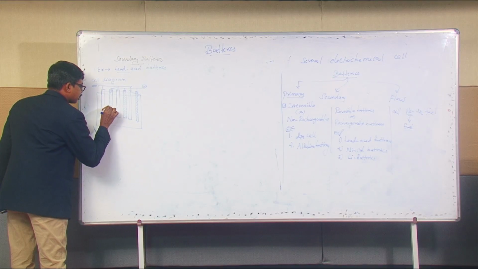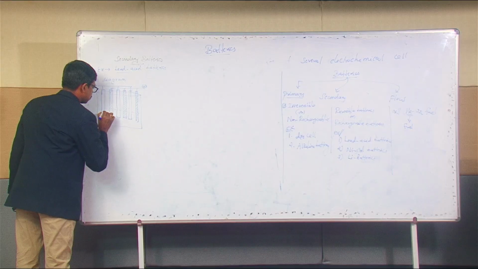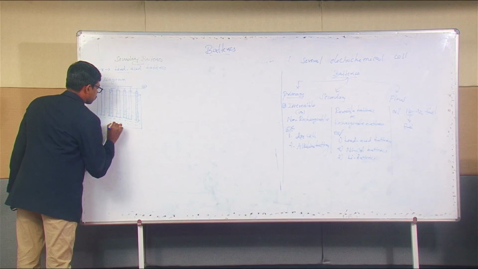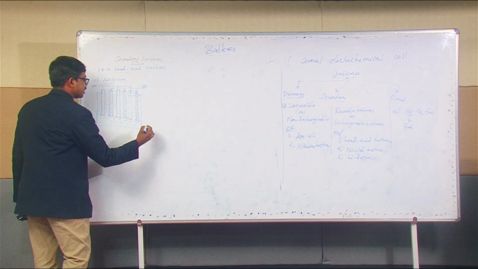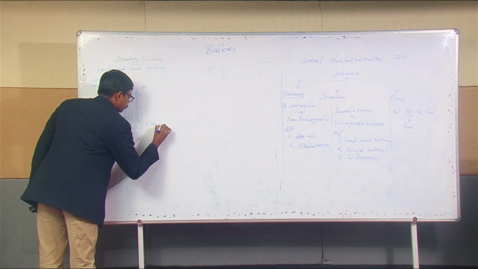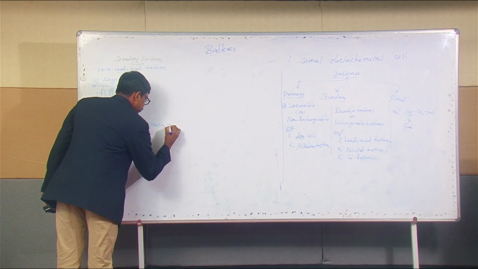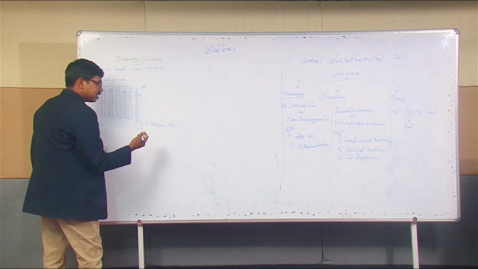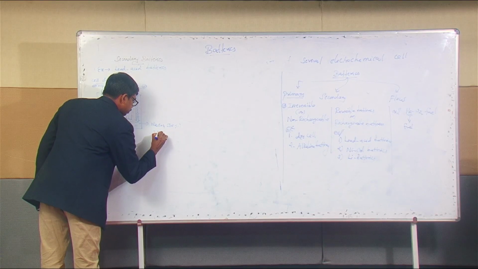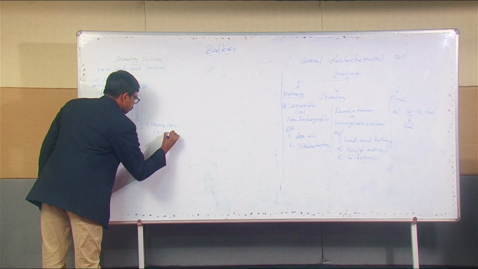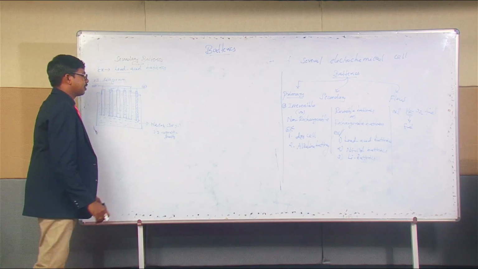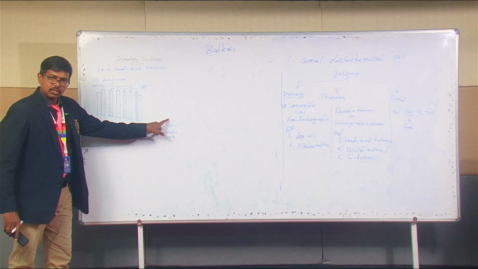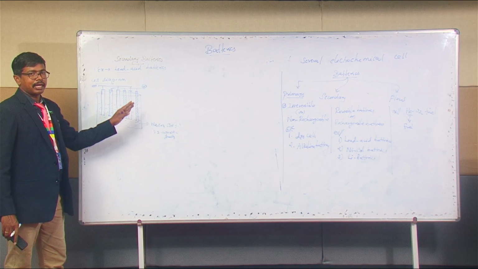All the anodes and cathodes are dipped in an acid solution, which acts as the electrolyte. I take sulfuric acid, H2SO4, exactly 38%, whose specific gravity is nearly 1.3 gram per ml.